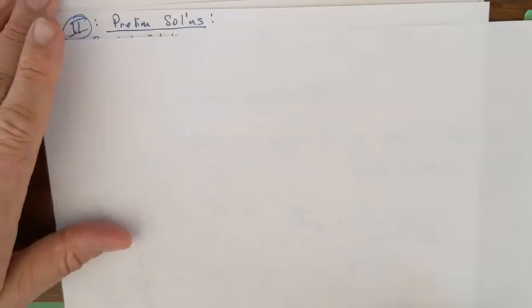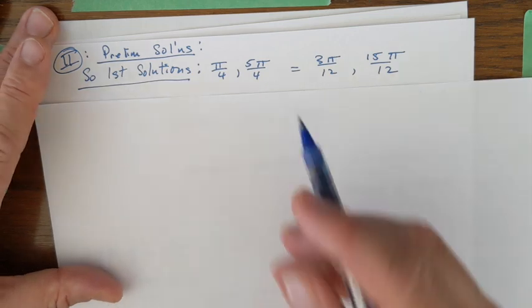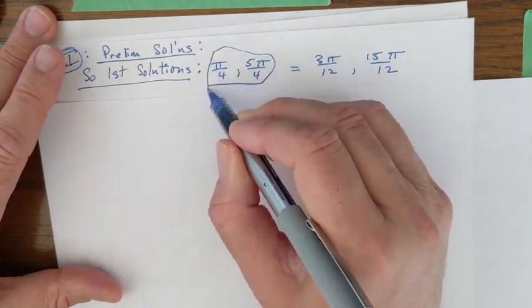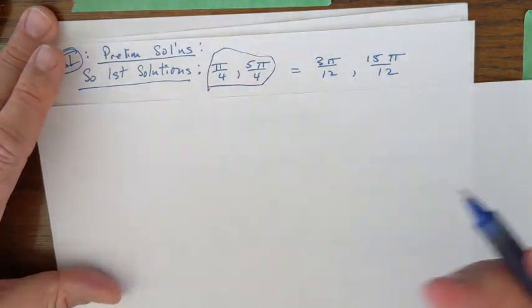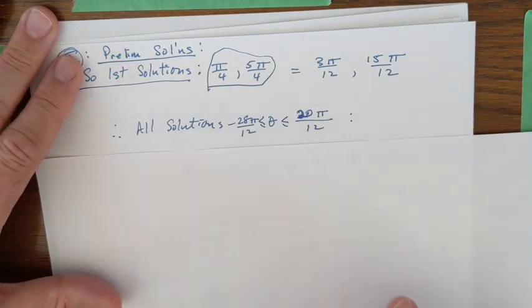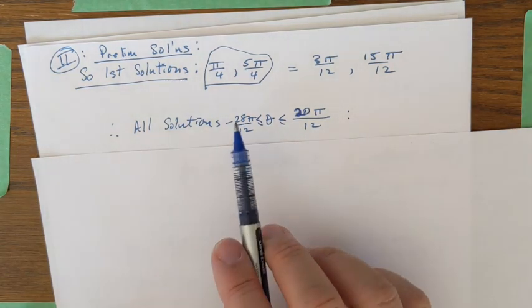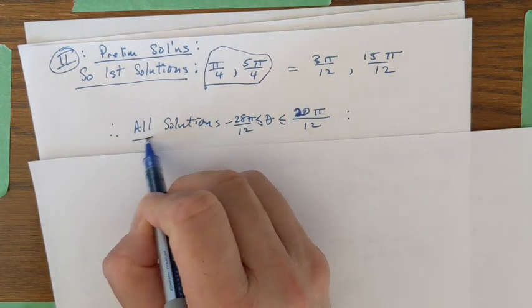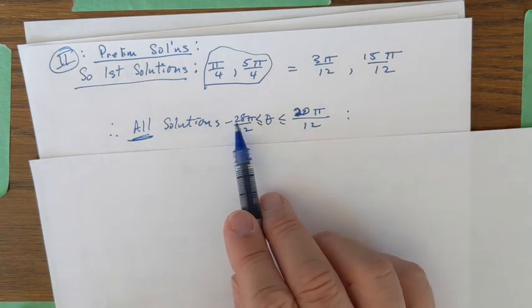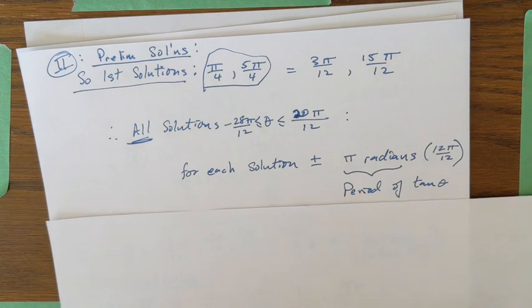Okay, so I'm going to go to step number 2, which is, let's come up with all of our preliminary solutions. All right, so our first 2 solutions were these two, 5 pi over 4 and pi over 4, which is, again, I'm going to convert that to twelfths because I want to have a common denominator for everything, right? And I want to know now all the solutions that are between negative 28 pi over 12 and 20 pi over 12.